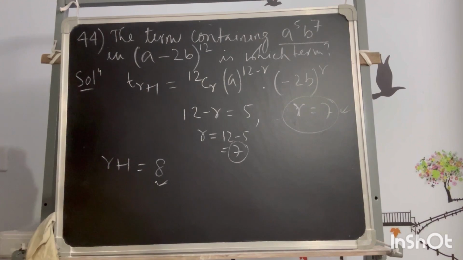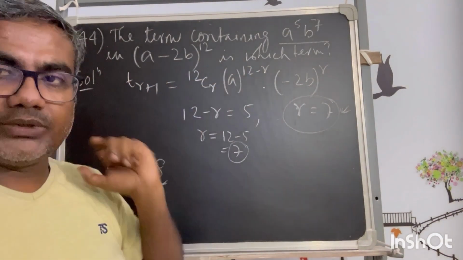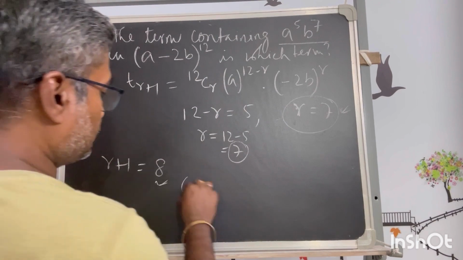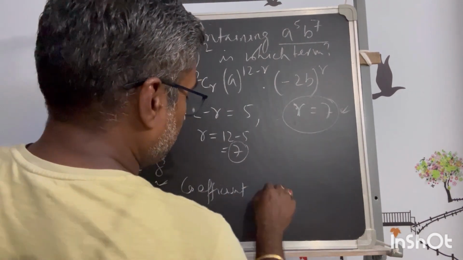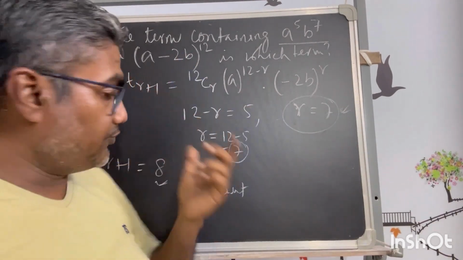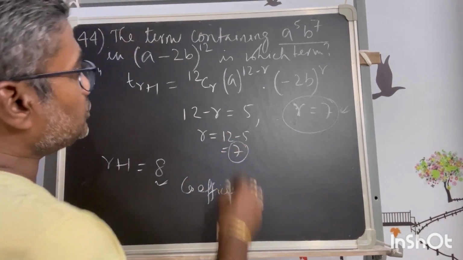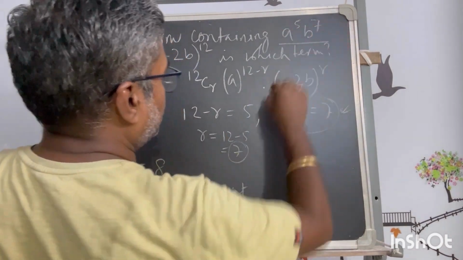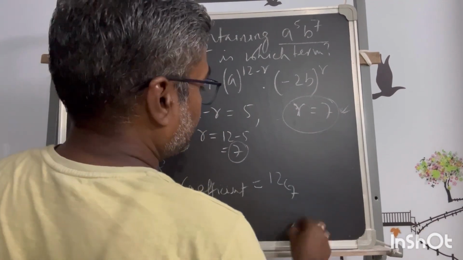Now in extension, if it is required, what is the coefficient of that term? It is not in the question, but still I am saying, if in any question you are asked to find the coefficient after finding the term, the coefficient will be 12C7.